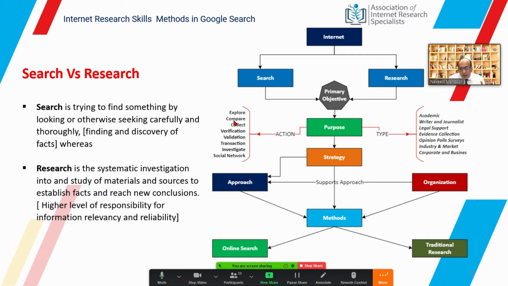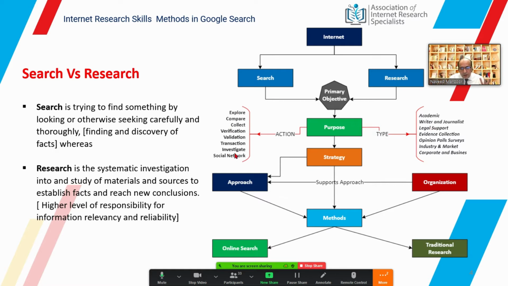And it is not just one strategy for each of these different elements that I am showing you: explore, compare, collect, verification, and all of these. They may have similarities, or it may be for the same subject, or it could be multiple types of action you have to take for an individual type of research or something specific within the topic.